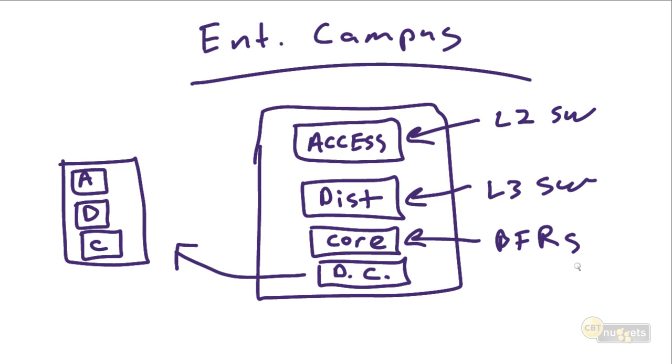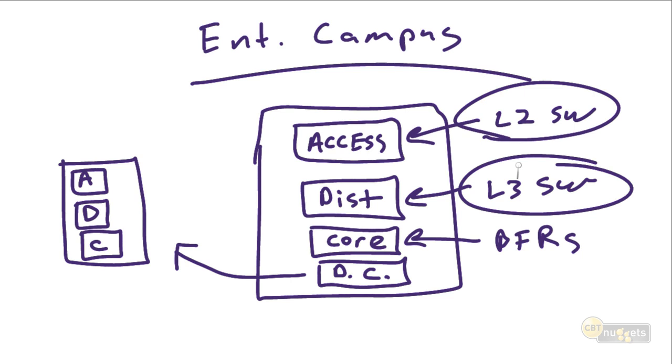So doing it in a modular fashion is not only easier for you to pull off as a network designer, again, it's typically going to make the best design possible because you can really focus on layer 2 switch best practices, layer 3 switch best practices, and these really big router best practices.